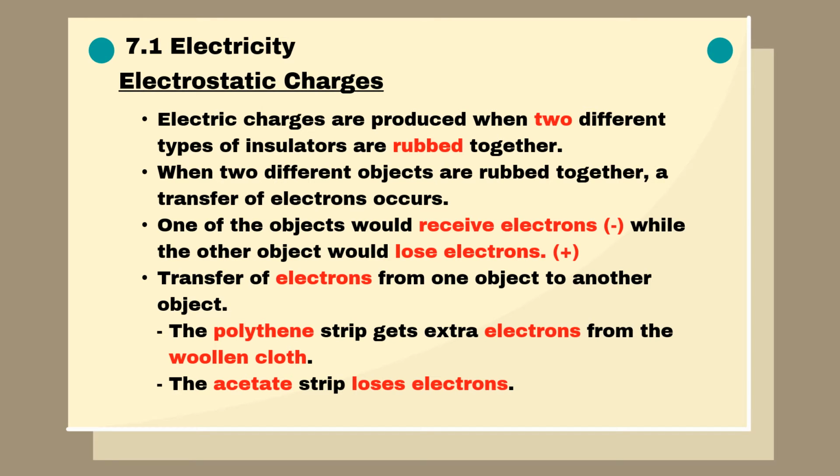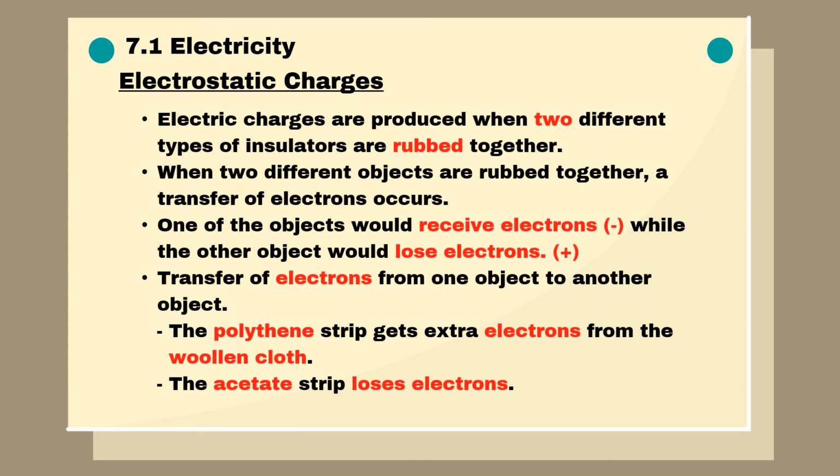Electric charges are produced when two different types of insulator are rubbed together. When two different objects are rubbed together, a transfer of electrons occurs. Electrons are negatively charged. One of the objects will receive electrons, while the other object will lose electrons.